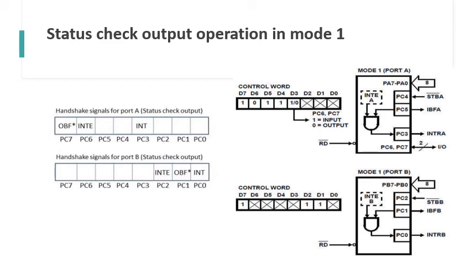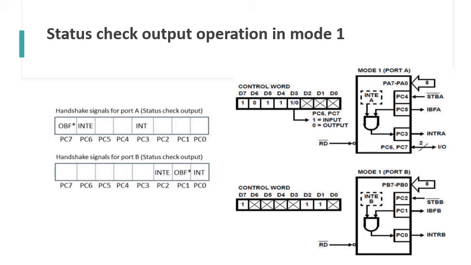The diagram shows the handshaking signals provided by port C for status check output operation for port A and port B respectively. The INTE signal tells the enable status of port B, that is whether the output interrupt for port B is enabled or not. In this case, it must be low, similar to the input operation in mode 1.